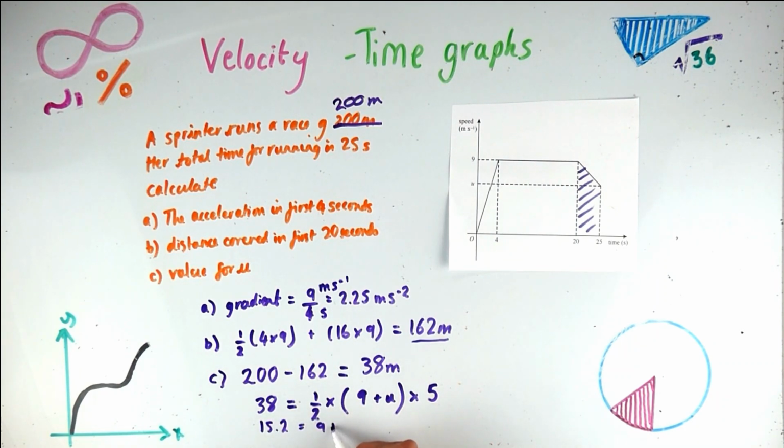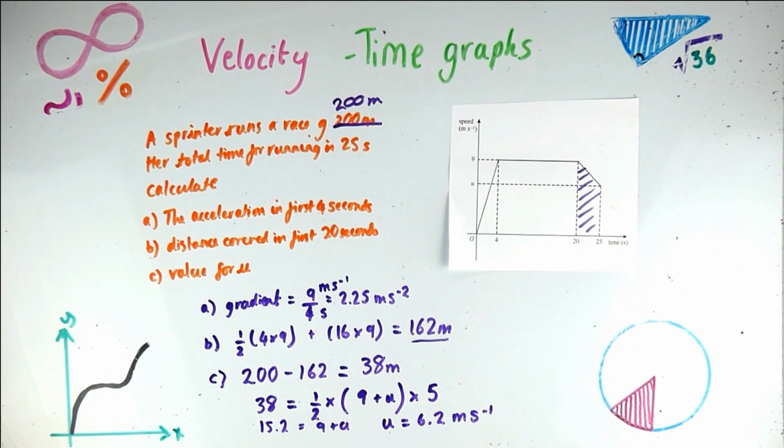So that equals 9 plus u, and then I just take away 9 from this side, and u equals 6.2. And remember the units because it's a speed, so 6.2 metres per second. Excellent, so that's a run through of that example.